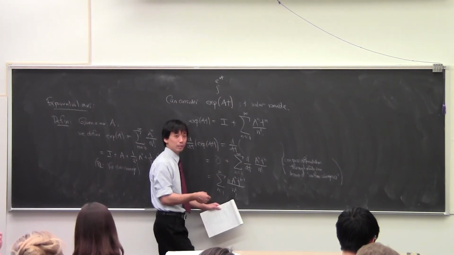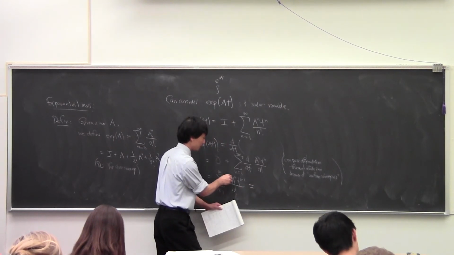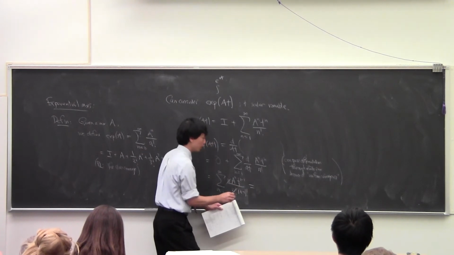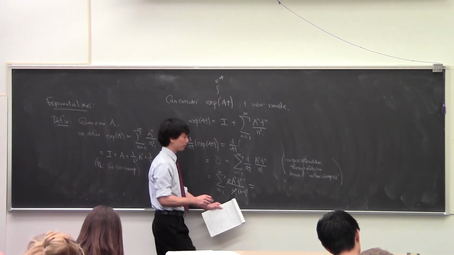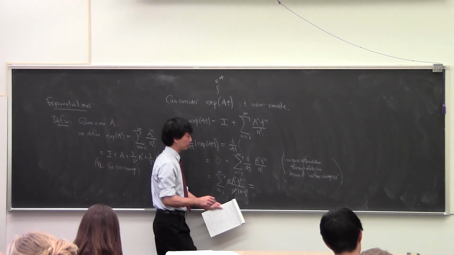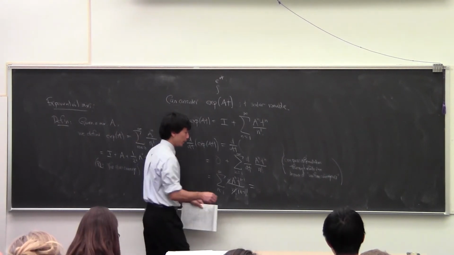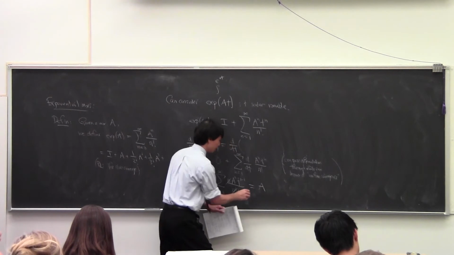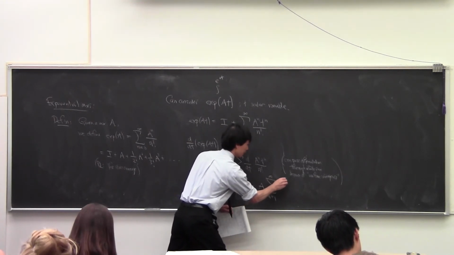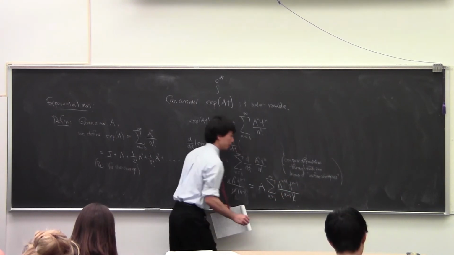So it happens just like with the scalar valued exponential function. Well, you see what happens when the n cancels up here. Down here we get n minus 1 factorial. And if we pull an A out of it, we get the sum from n equals 1 to infinity of A to the n minus 1, t to the n minus 1 over n minus 1 factorial.